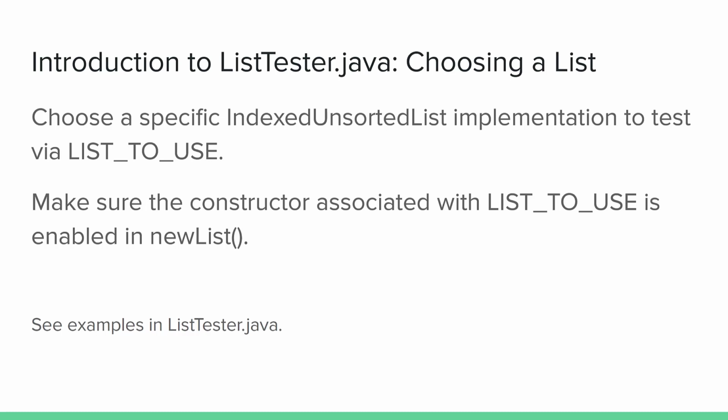In order to choose which class we're testing, there is a constant near the top of the file called list2use that needs to be set to an appropriate value so that it chooses the correct constructor to begin all of this testing. We also need to make sure that the constructor associated with that list2use is enabled in the newList method.